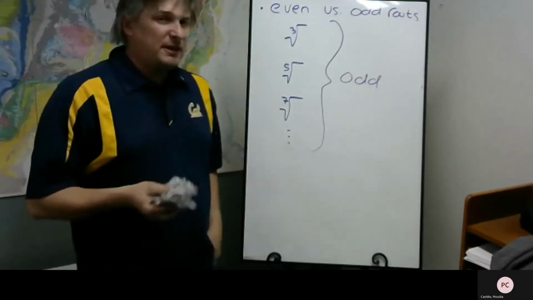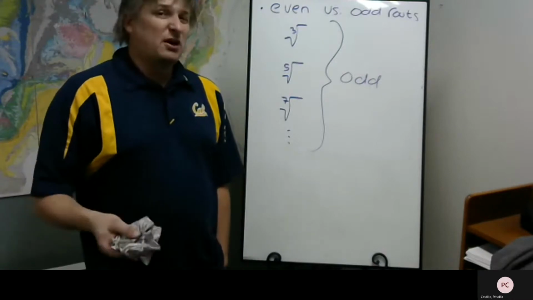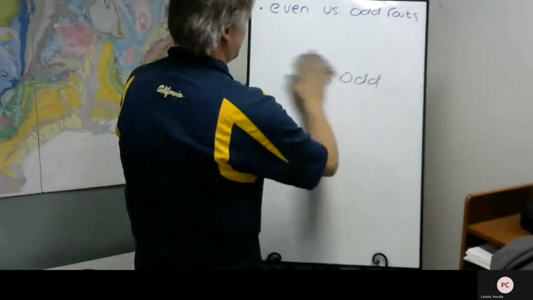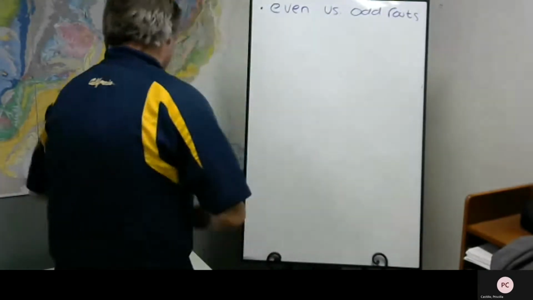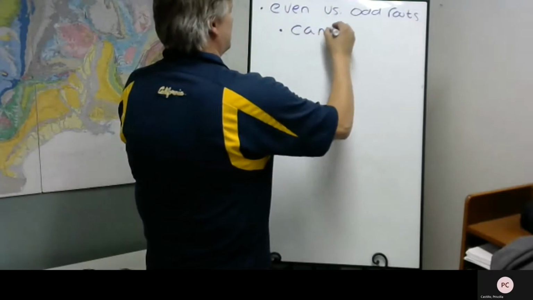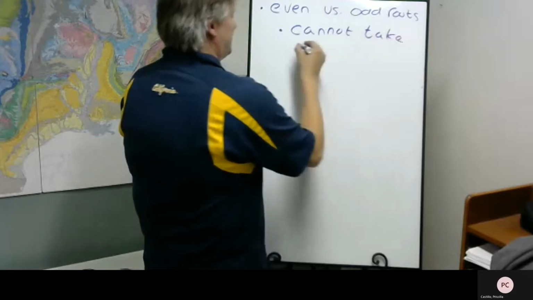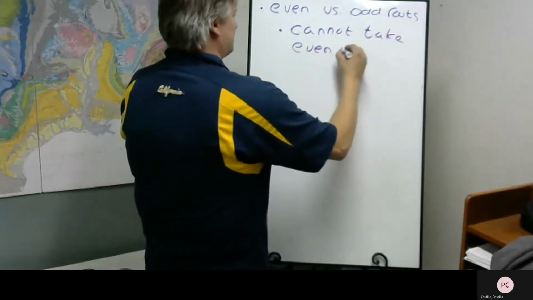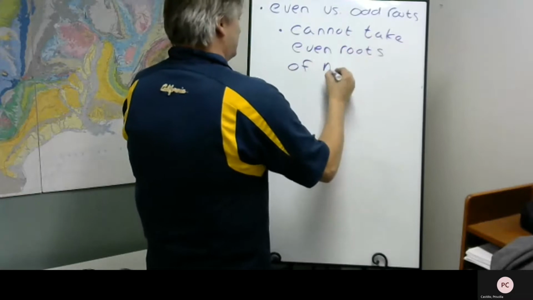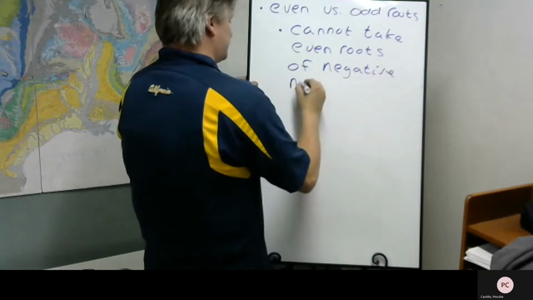Now, with the even and odd, there's going to come up an issue that we'll sort of resolve in the last section, but it's going to be this. You cannot take even roots of negative numbers.